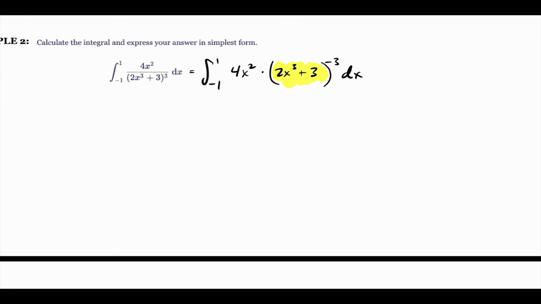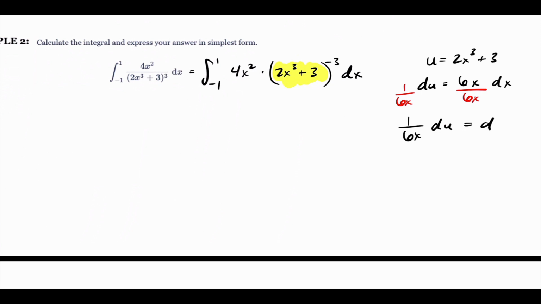Okay. So U substitution, U is 2x to the third plus 3. Du is 6x dx. Divide by 6x, just like we did last week. Nothing has changed from last week.